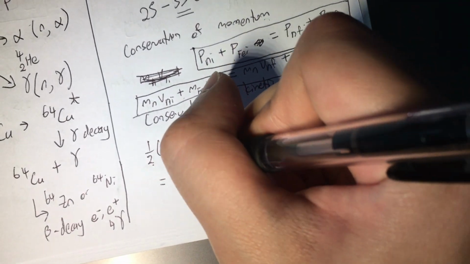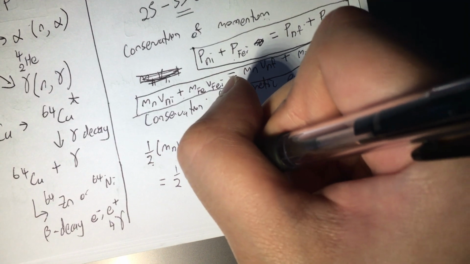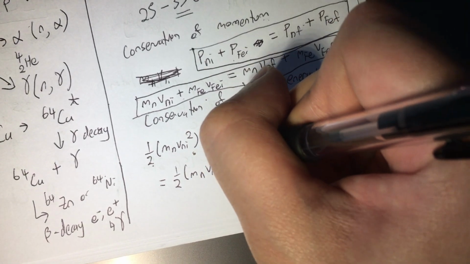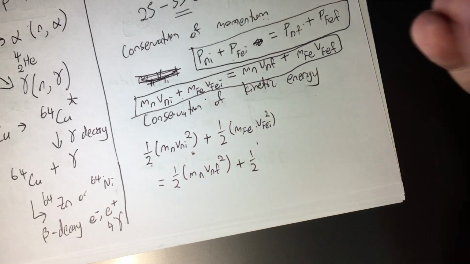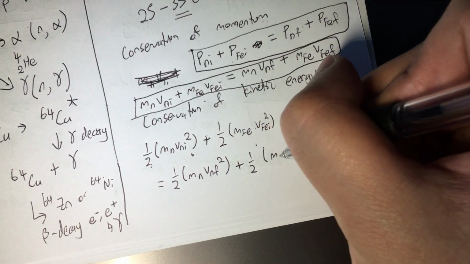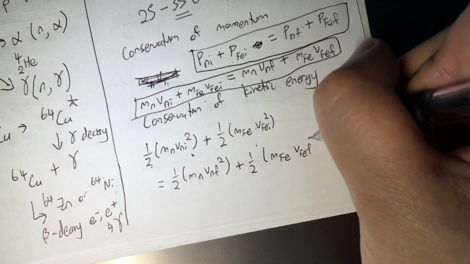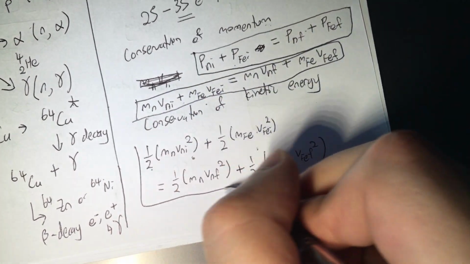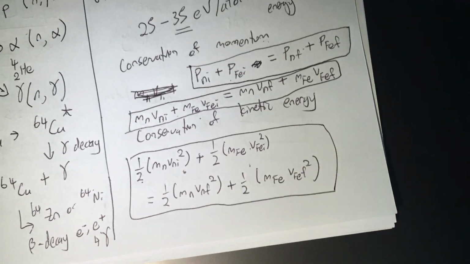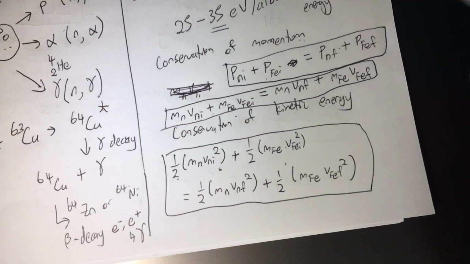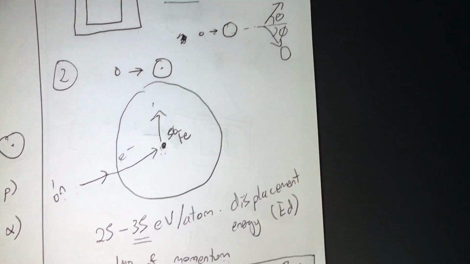And that will equal the final kinetic energy of the neutron and the iron nucleus. So solving this simultaneously will help us to determine what will happen to this iron nucleus.